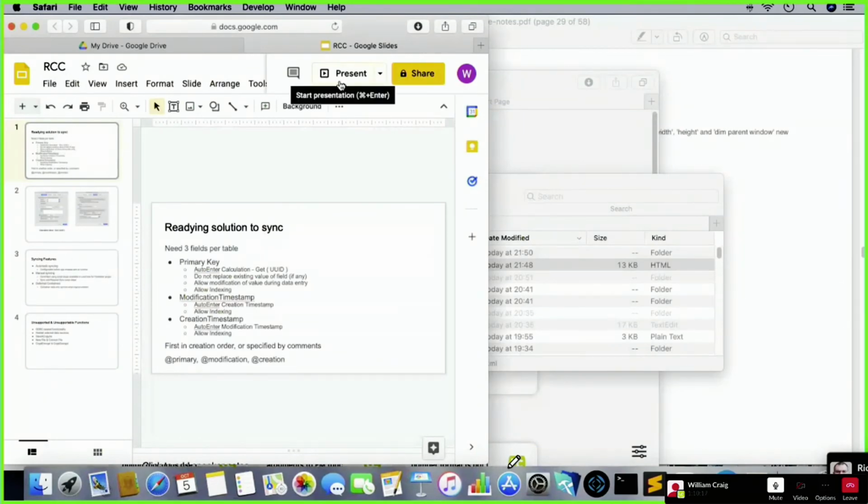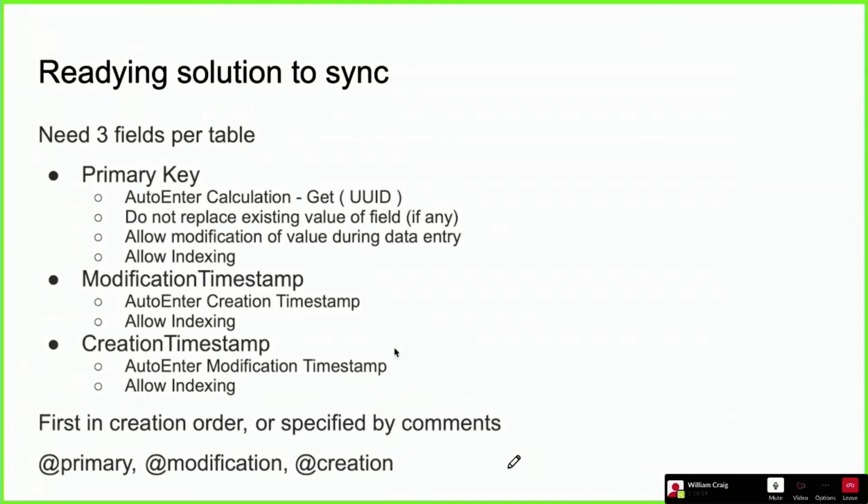So just to present, I've got a couple of slides. The main thing to set up a table ready for sync is to get those three main fields down: a primary key, a modification timestamp, and a creation timestamp. That was seen on the overlay earlier when we were going through the tool.